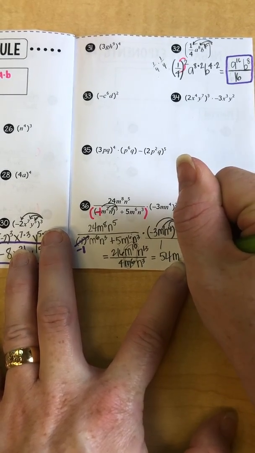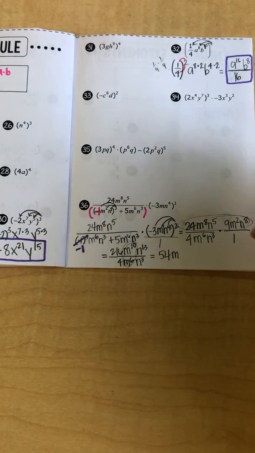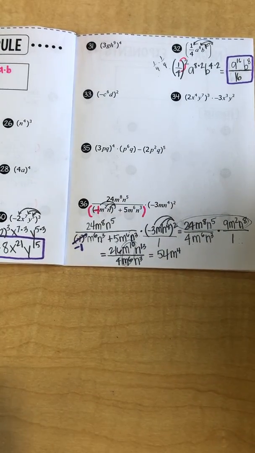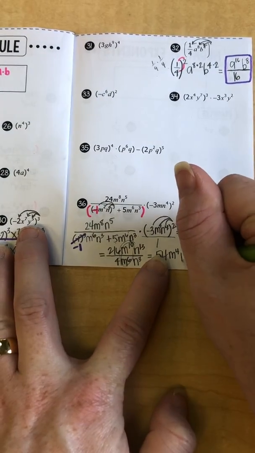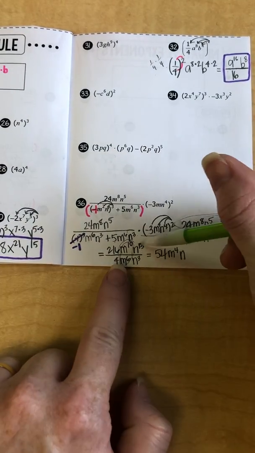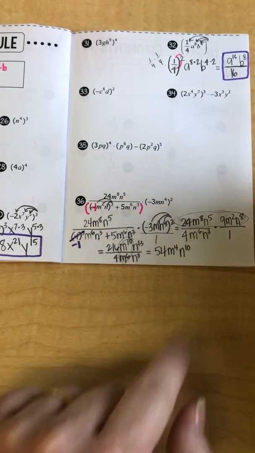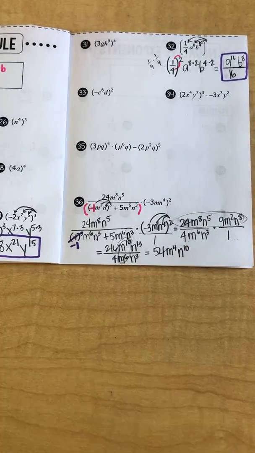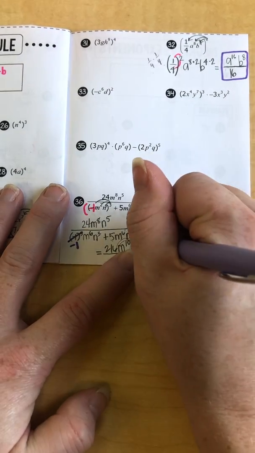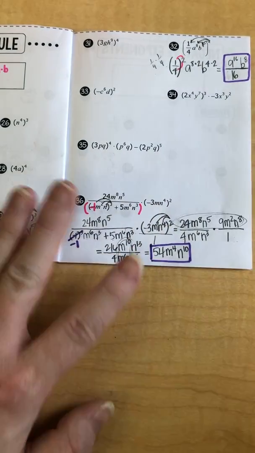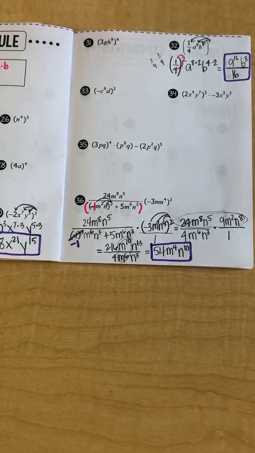I have m to the 10 minus 6. 10 minus 6 is 4, so that's the 4th power. And then simplifying my n's, I have 13 minus 3, so I end up with 10. There is nothing else that I can do to this one finally. Okay? So that would be my final answer.